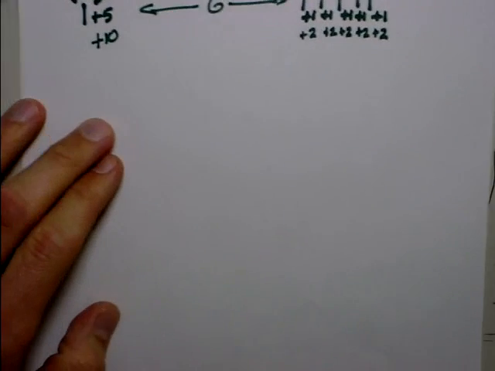What's causing it is an interesting little process that occurs in your eye called lateral inhibition.